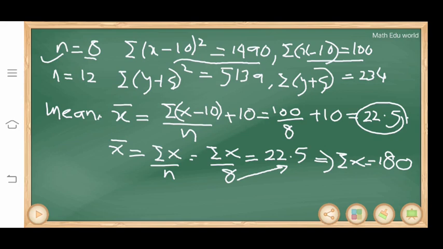So remember, what are the concepts we found? First we found the mean x bar using the formula sigma of (x minus 10) by n, plus 10. We get it as 22.5. Now let's use the original formula for mean, which is sigma x by n, and compare that with 22.5. So we get sigma x by 8 is equal to 22.5, or sigma x is 180.